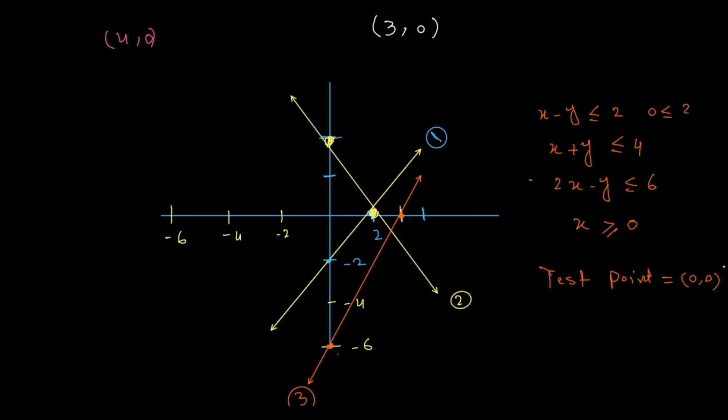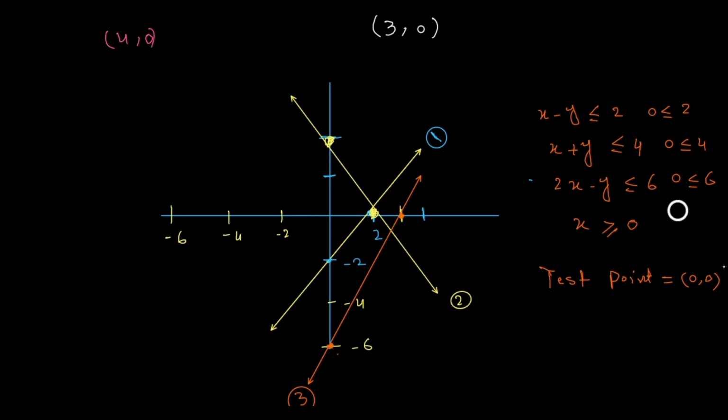Here we get 0 is less than or equal to 4. Similarly, we get 0 is less than or equal to 6. And x is positive, so of course that is also true.